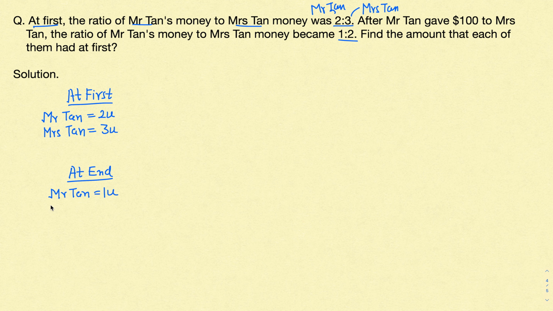So we must calculate the total unit of money both of them have at first and at the end. Here 2 plus 3 will give you 5 units, right? And how about here? 1 unit plus 2 units will give you 3 units. Now as I said, the total should be the same, but here at first it looks like 5 units and at the end it's 3 units, but it should be the same.